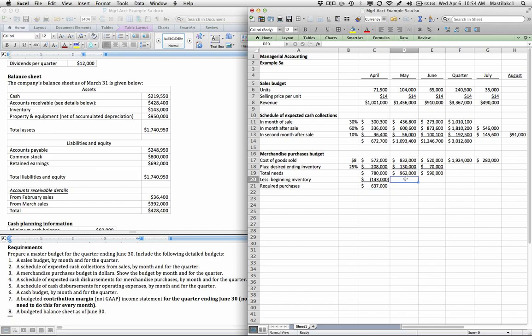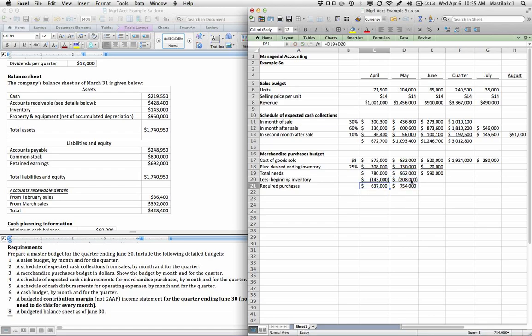We can do the same thing in May. How much are we going to have on hand at the beginning of May? Well, we can recognize that April 30th, the amount we're ending April with, is going to be the amount that we begin May with. And so we don't have to buy that 208 that we have on hand at the end of April, because we're going to have that at the beginning of May, so we don't have to buy that during May.